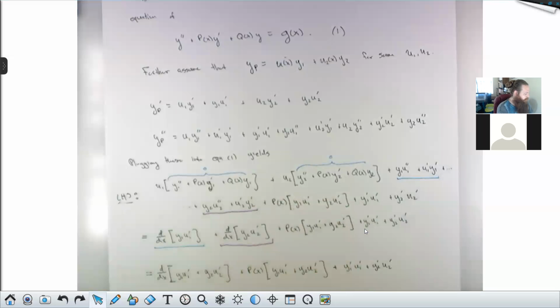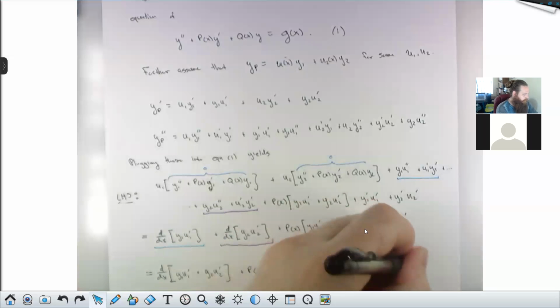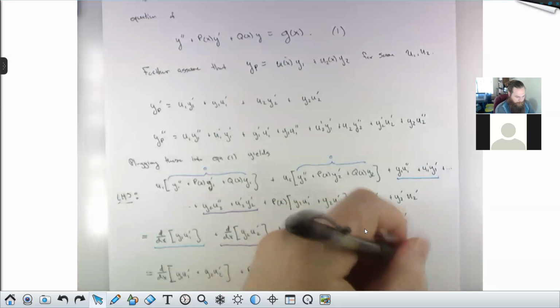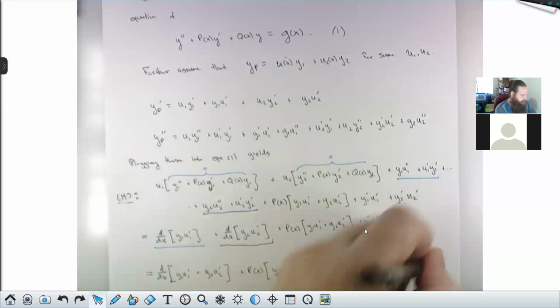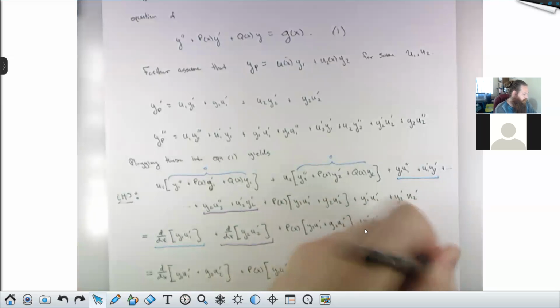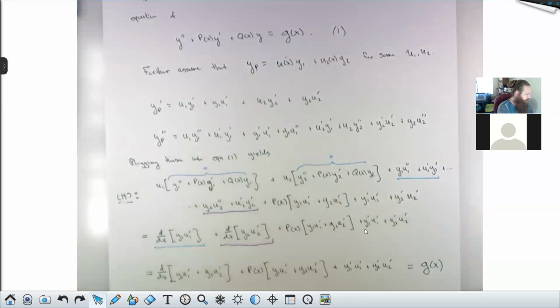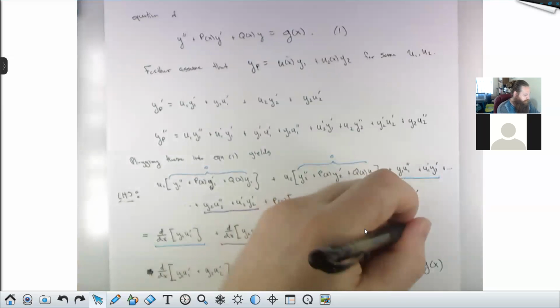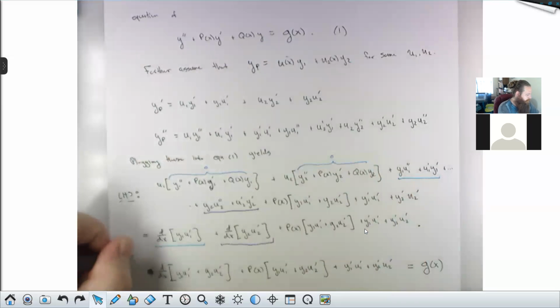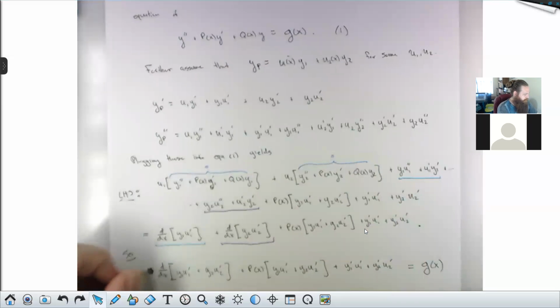Okay, and all of this is supposed to be equal to my right-hand side, g of x. So maybe what I'll do, instead of putting equals here, I'll put a period here and say, so we get this.